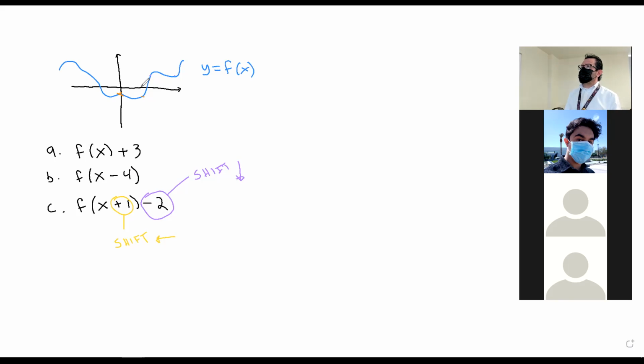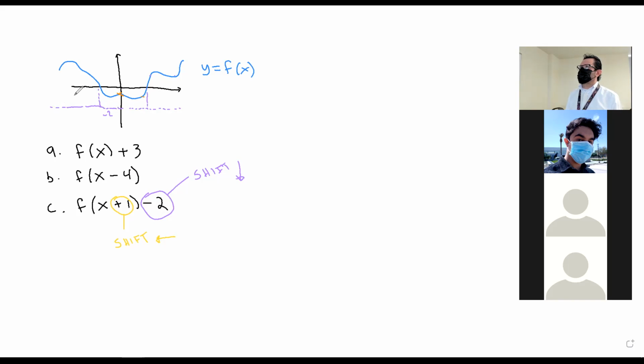First, I'm going to move it down 2 units. So I'm going to say that the -2 is here, and that means that we've got a new horizontal reference. That's the new horizontal reference.